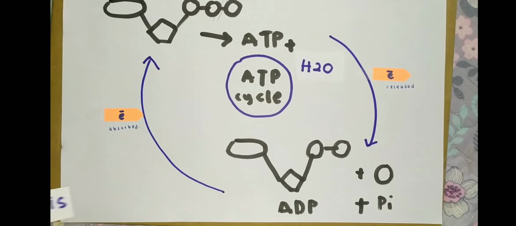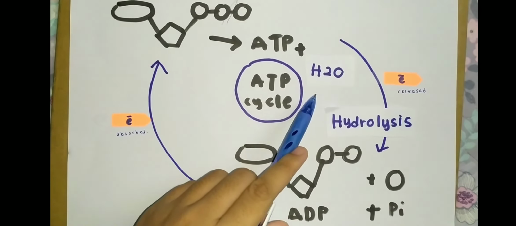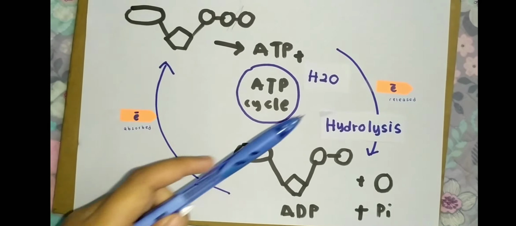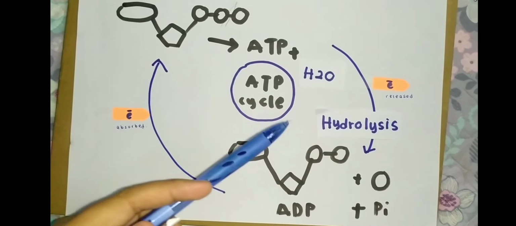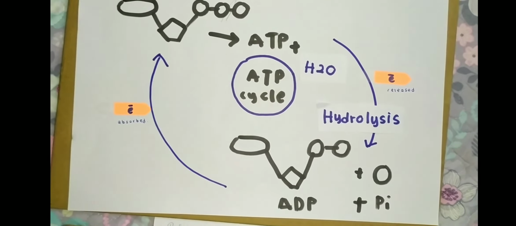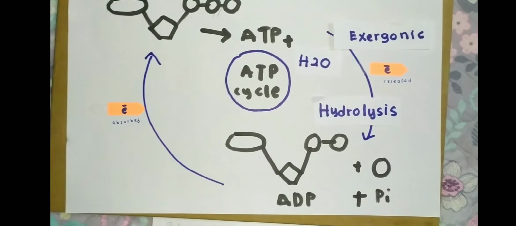This process is called hydrolysis because of the addition of water to ATP. In energy terms, energy is released when ATP plus water produce ADP plus phosphate. So this process is called exergonic because the energy is released.